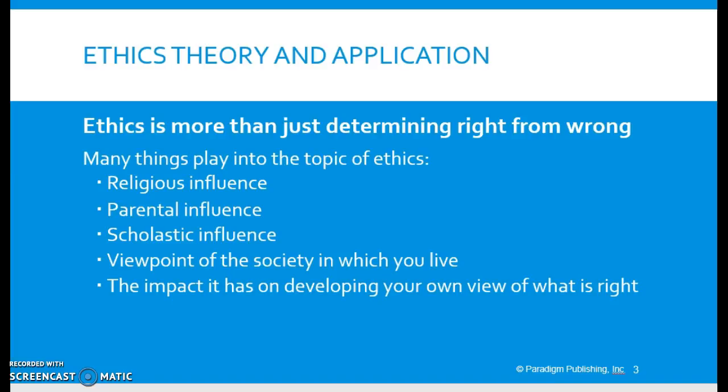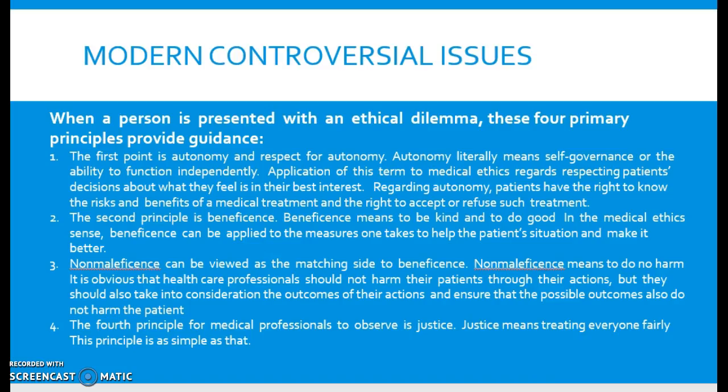There are some history lessons in this chapter, so knowing the history of ethics and how we got to this point is very important. But again, knowing what you can and cannot do, what the patient expects, and what we can and cannot do for the patient is very important in this chapter.